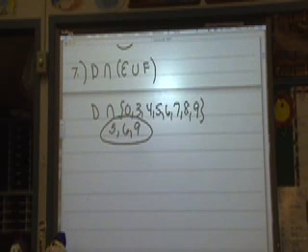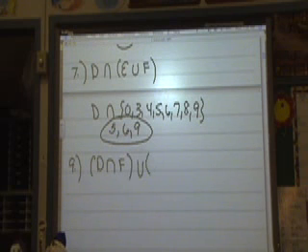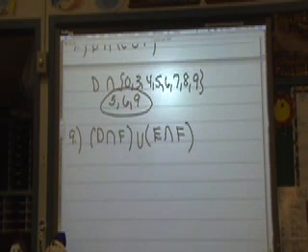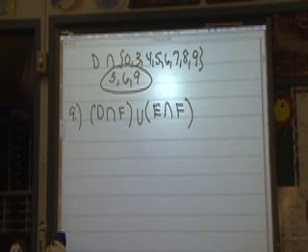And number 9, you have D intersection F union with E intersection F. All right, Vincent, what is in the intersection of D and F? What's shared? A 6, a 6 and a 5. 5 and 6.